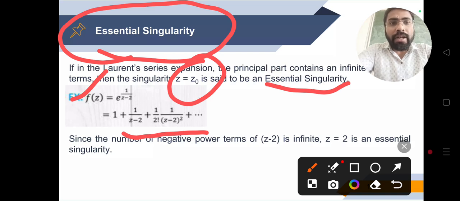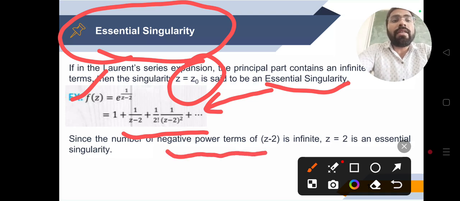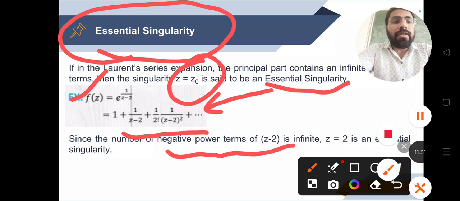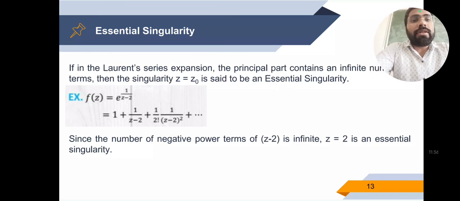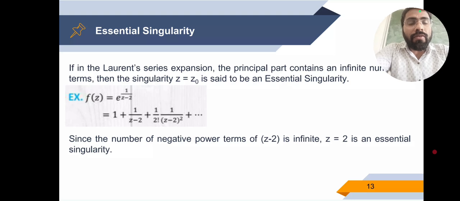So here z is equals to 2 is the essential singularity because it has infinite number of terms in the principal part. Okay, so I think it will be easily understood that what is essential singularity, what is removable singularity, what is pole.